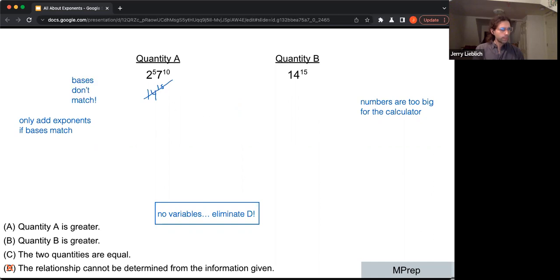If I can't calculate it, instead, I'm going to try to compare. Because that's my goal on quantitative comparison, they're not asking me for the value here, they're asking me which is bigger. So let's see what that looks like.